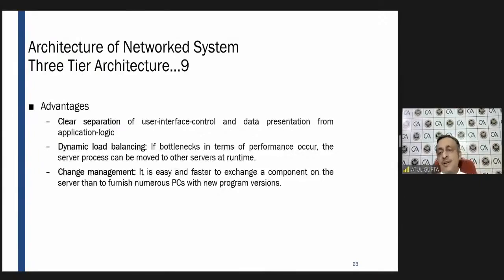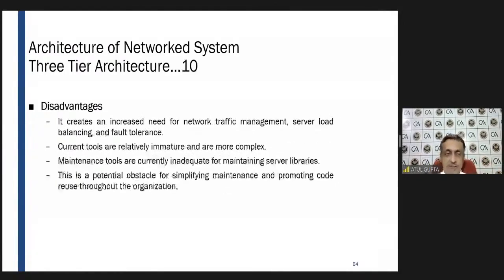Making valued analysis of data. In 3-tier structure, because applications are separate, this analysis can be done in a greater manner. So you can create complex systems. It allows dynamic load balancing. So even if users go up, it ensures they are properly balanced out. Change management is fast.